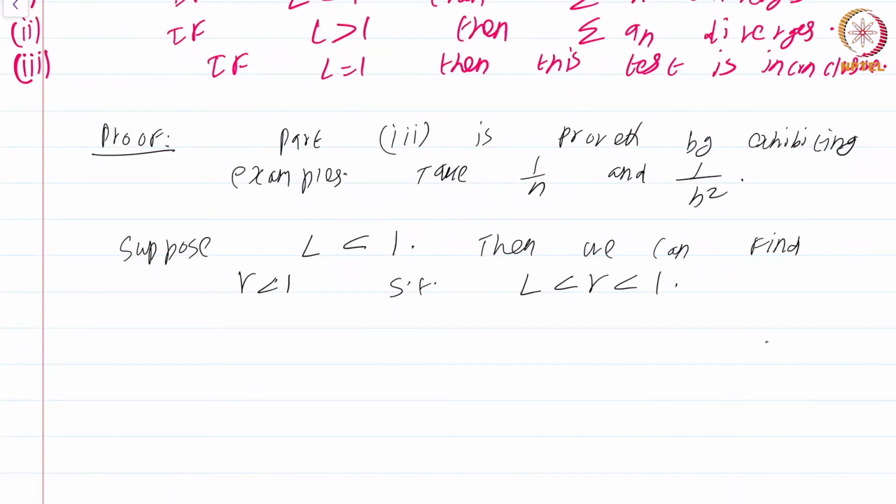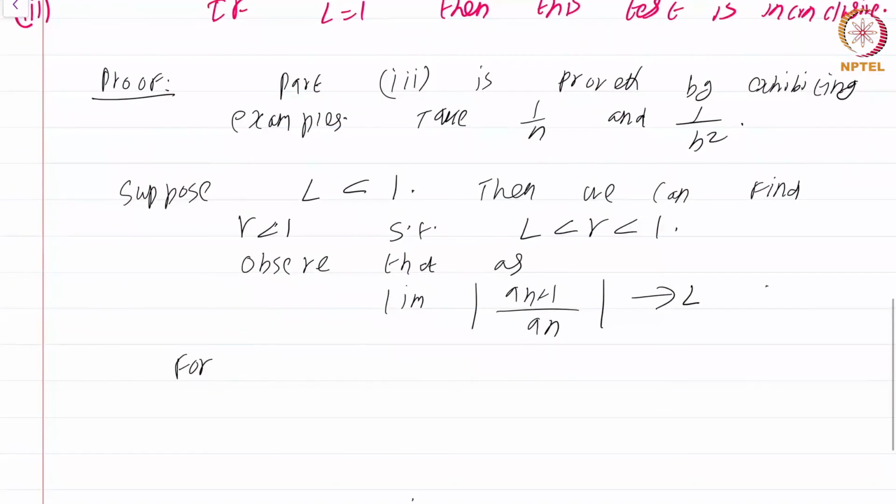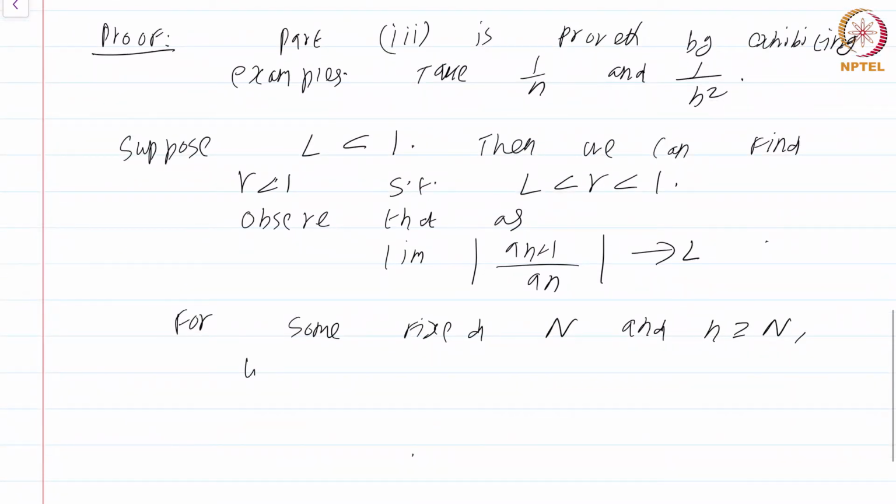Now observe that as limit of mod a_{n+1} by a_n converges to L, for some fixed N and small n greater than or equal to capital N, we have mod a_{n+1} by a_n is less than small r.